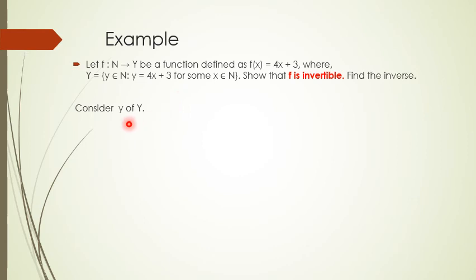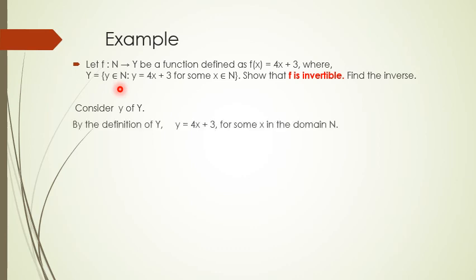For that, consider an element y of Y. Here, a function f is given. We need to prove f is invertible and find the inverse of f. By the definition, we need to find another function g from Y to N such that f composition g and g composition f are both identity functions.